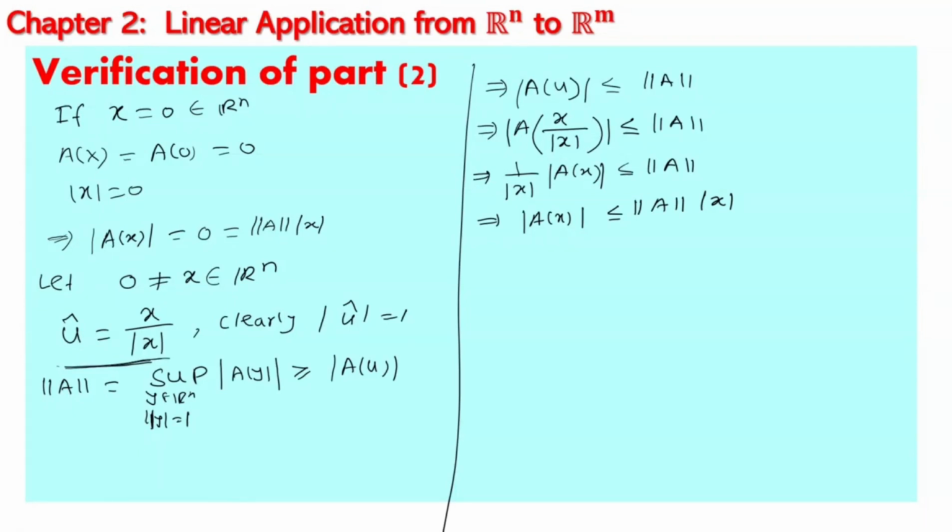This validates the second property of the norm of a linear function.